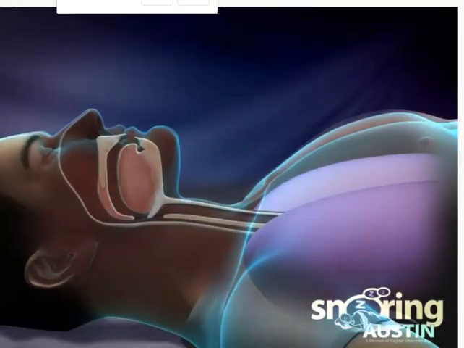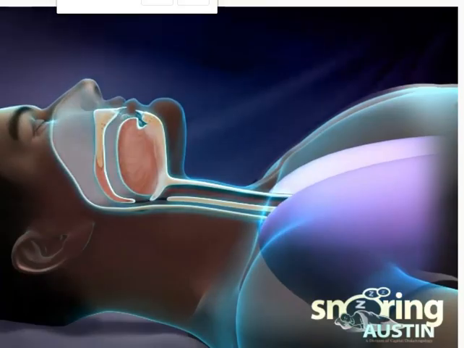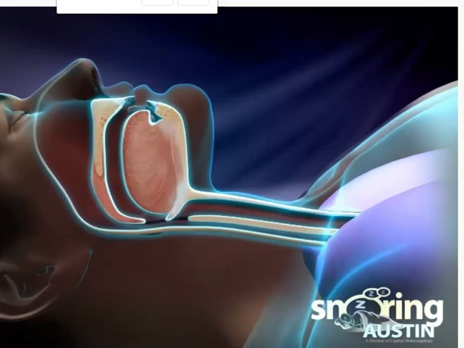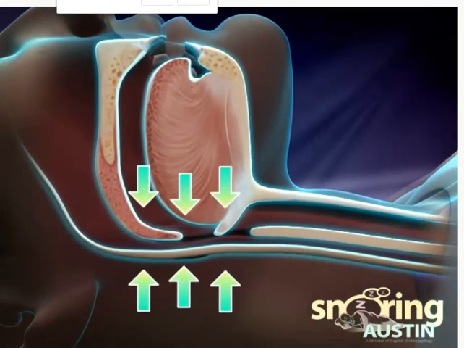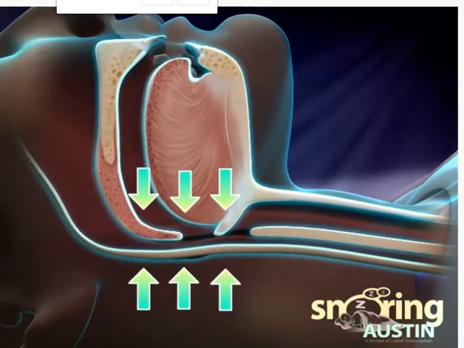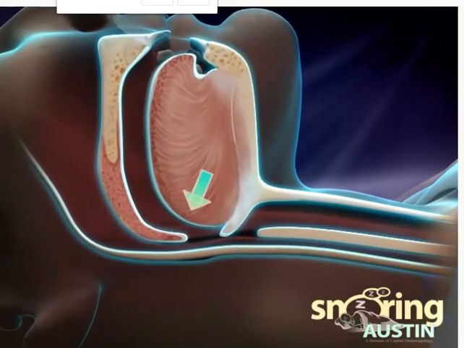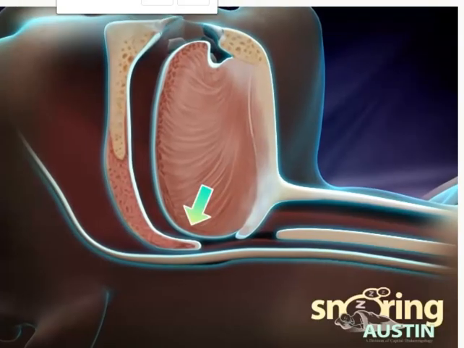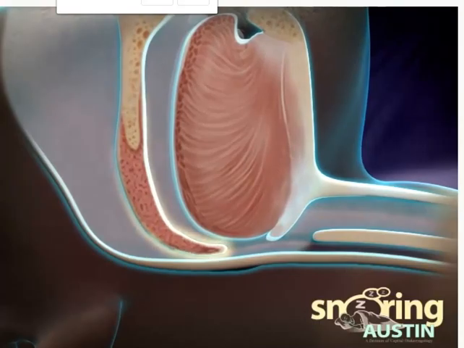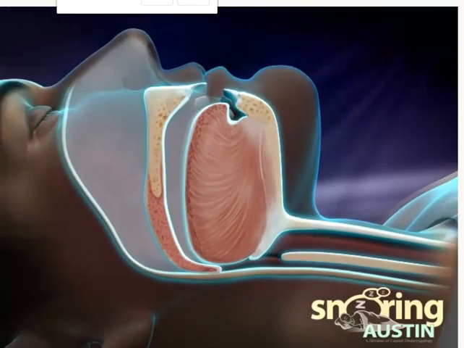When you breathe, air travels through your nose, down the throat, through the windpipe, and into your lungs. The narrowest part of that pathway is in the back of your throat. When you're awake, muscles keep that pathway relatively wide open. But when you sleep, those muscles relax, allowing the opening to narrow. The air passing through this narrowed opening may cause the soft palate to vibrate. This causes snoring. In some people, the throat closes so much that enough air can't get through to the lungs.